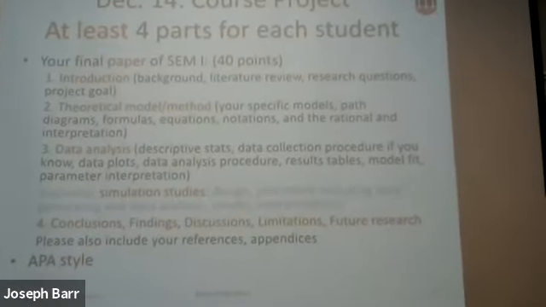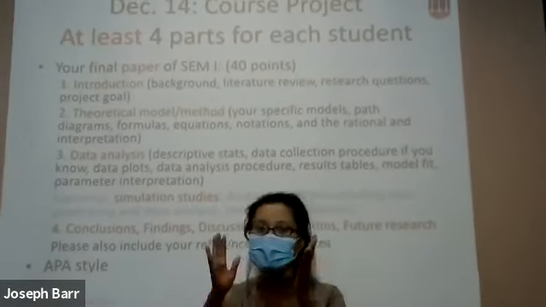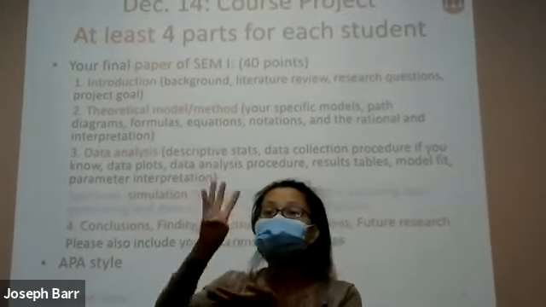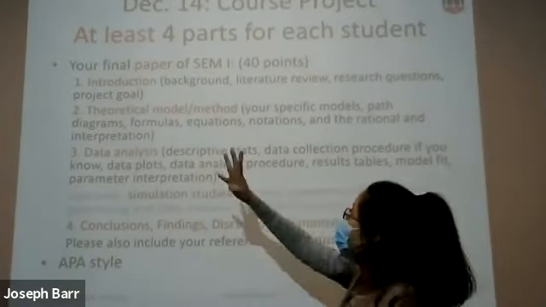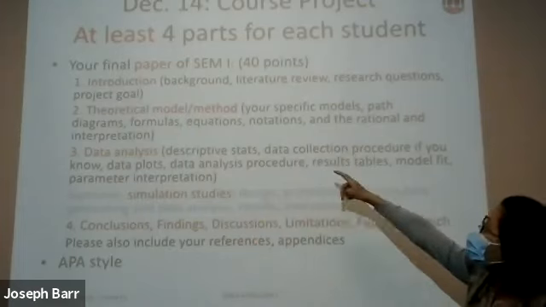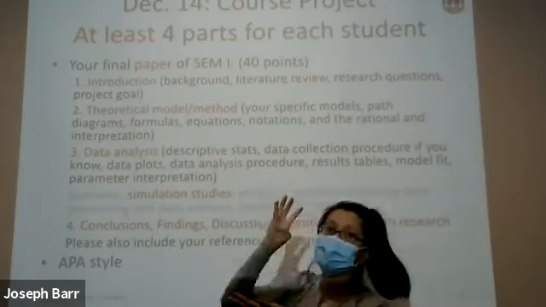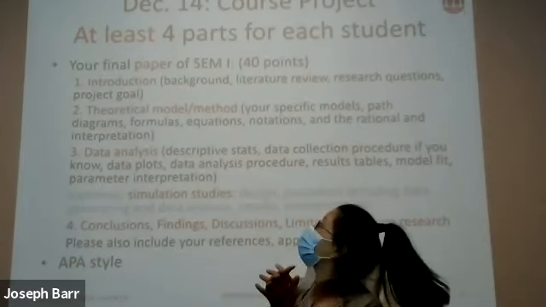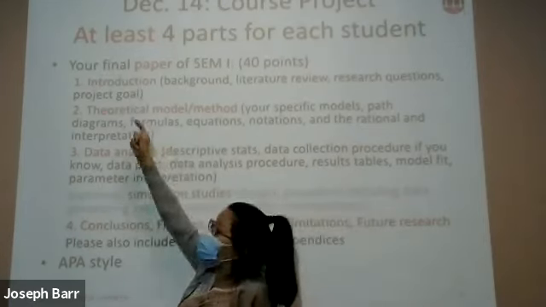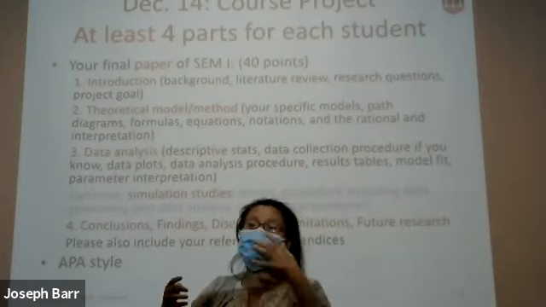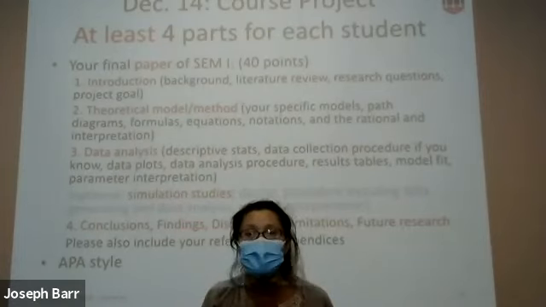And for your course project, at least you should provide 4 parts. We have presentation 10 points, final paper 40 points. In total, we have 50 points, okay? The first part, introduction. You're gonna tell me what's the background of your project.